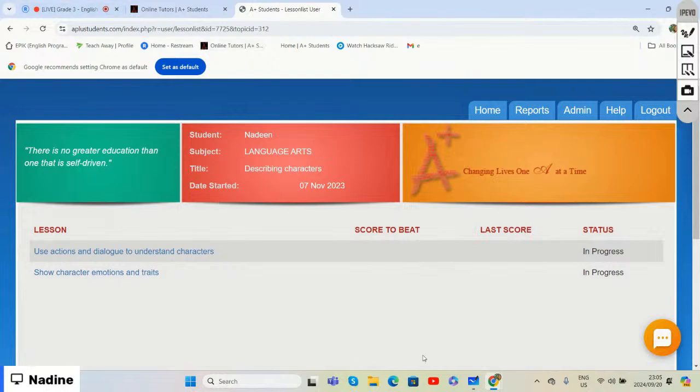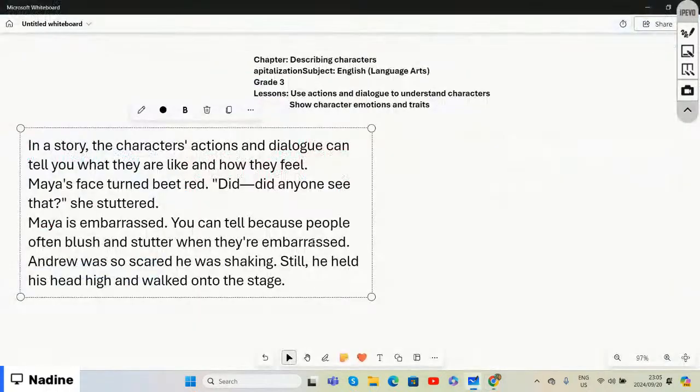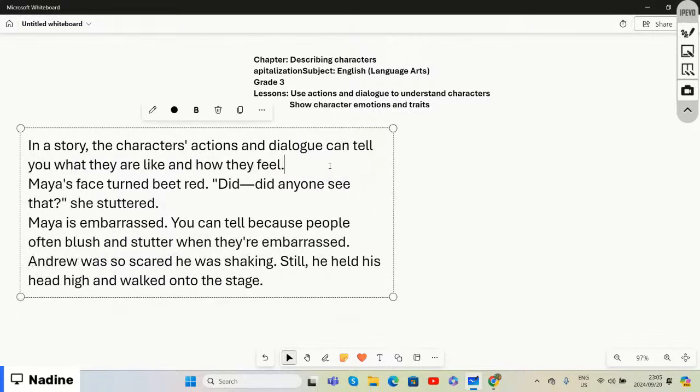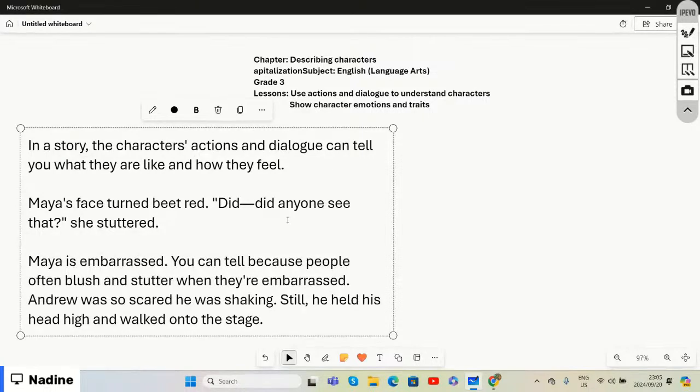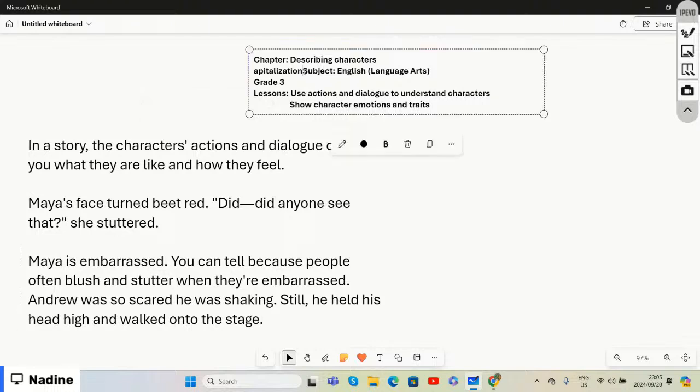All right. So we're doing describing characters. Our subject is English Language Arts.